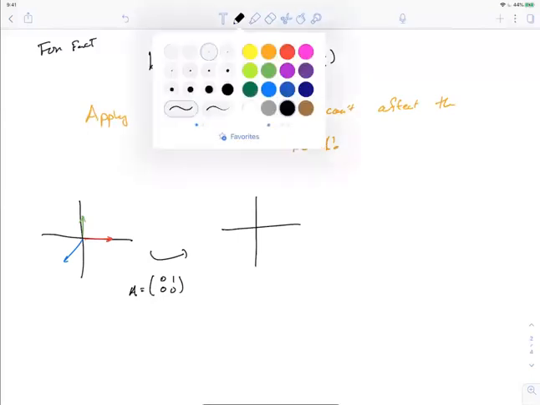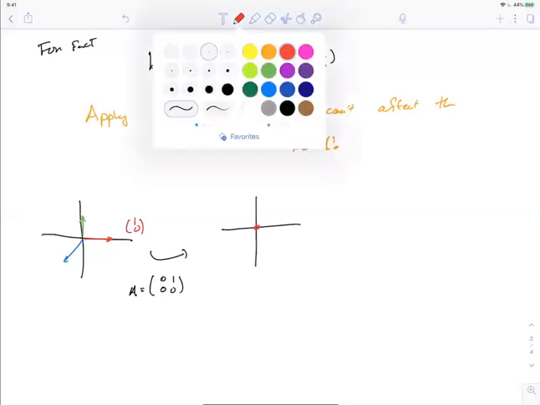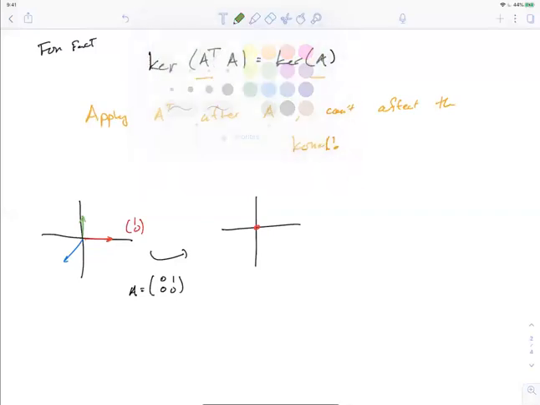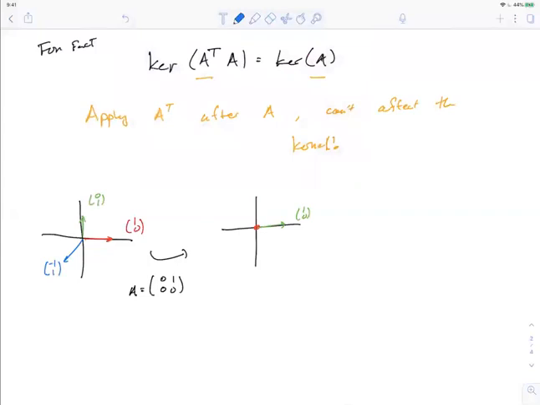The red one, the 1, 0 vector, gets squashed. The green one, 0, 1, goes to 1, 0. And this other one, minus 1, 1, is also going to go to 1, 0.